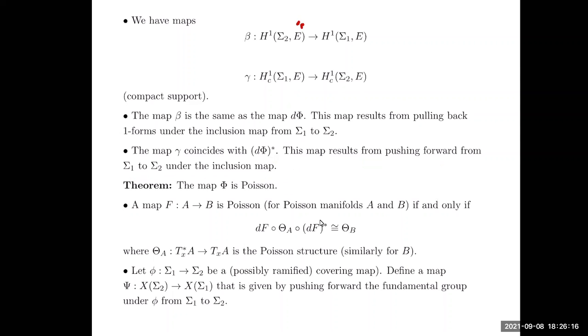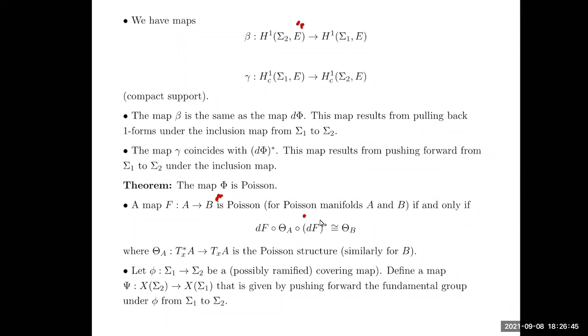So really we use, this is the definition, a basic result that a map between Poisson manifolds is Poisson if and only if this condition is satisfied.